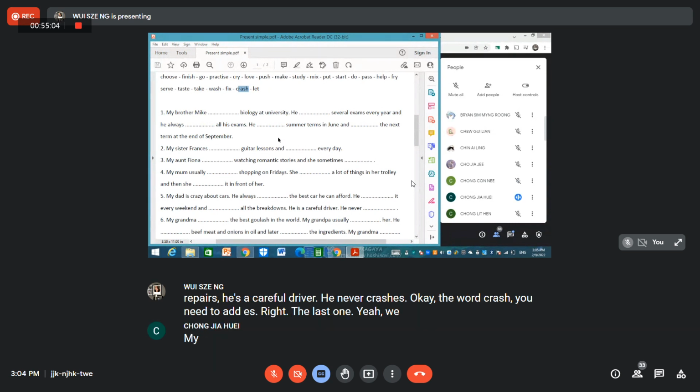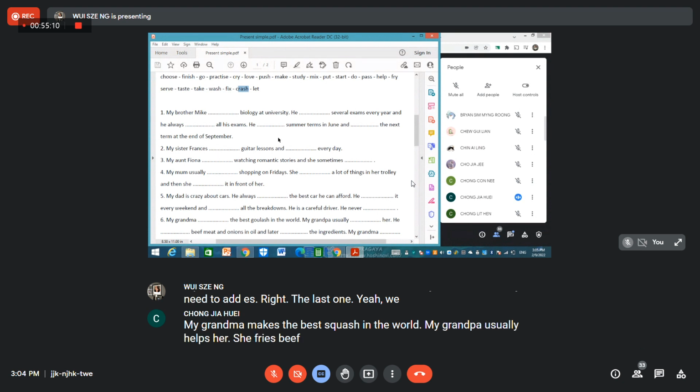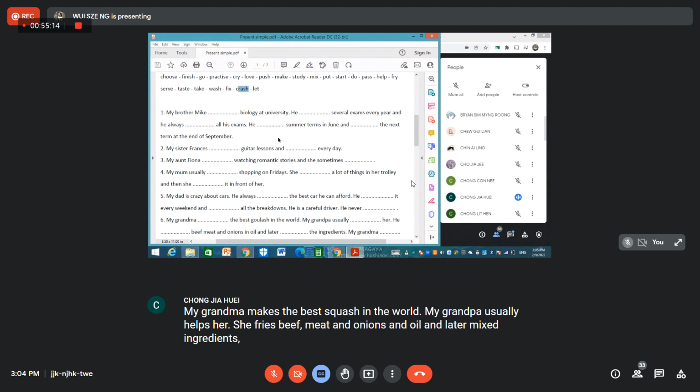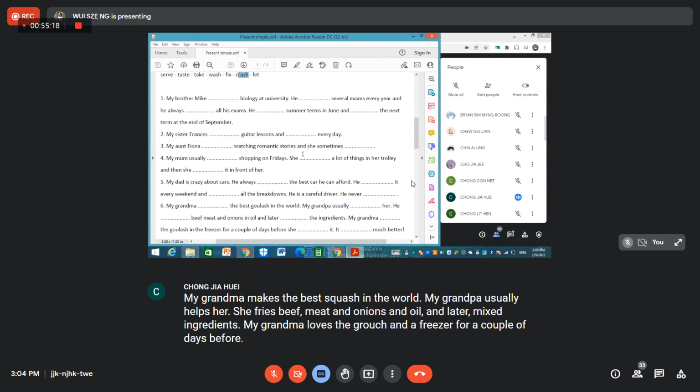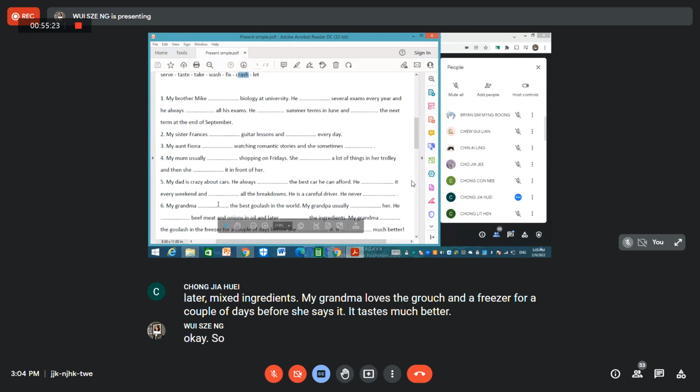My grandma makes the best goulash in the world. My grandpa usually helps her. He fries beef meat and onions in oil and later mixes the ingredients. My grandma leaves the goulash in a freezer for a couple of days before she serves it. It tastes much better. Okay, so makes, and then helps.